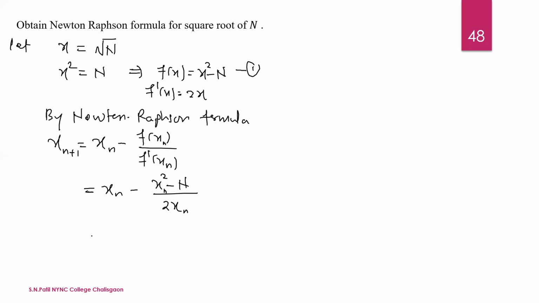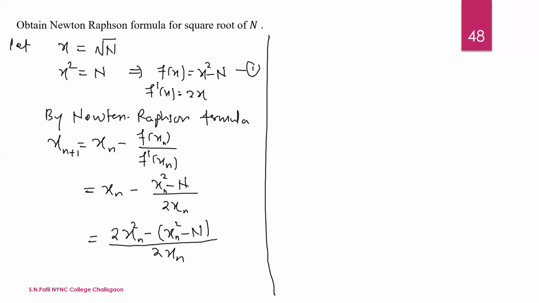Now simplify. 2 times xn is multiplied here, that is 2 times xn, x into x is x square, minus... now this minus sign is multiplied here. Otherwise, write the numerator term in a bracket, x suffix n squared minus capital N, and the whole denominator is 2 times xn.